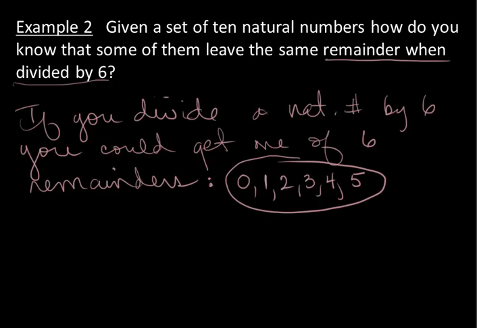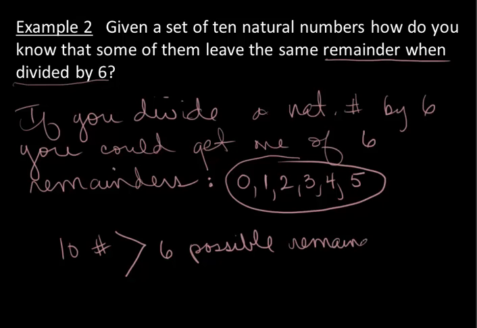So we have 10 numbers. And that is more numbers than there are 6 possible remainders. So once you write this, you can just write this here. You don't have to say birds and holes. The number of numbers is greater than the number of possible remainders.